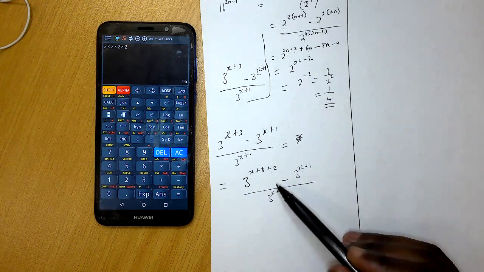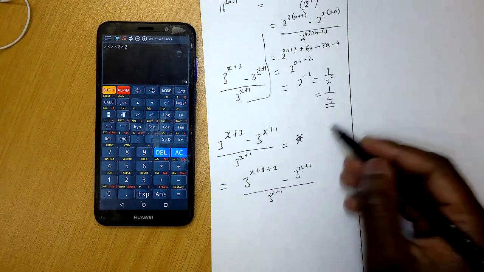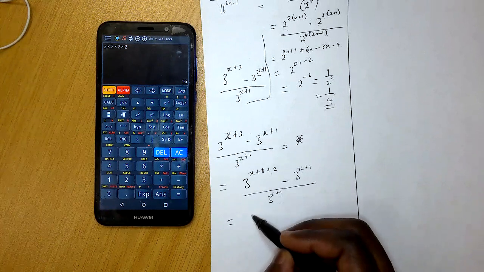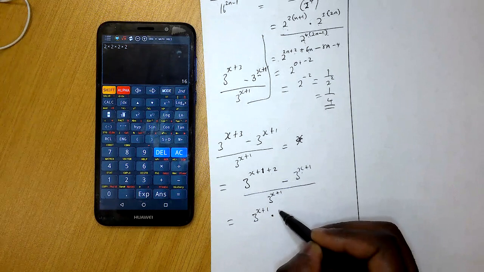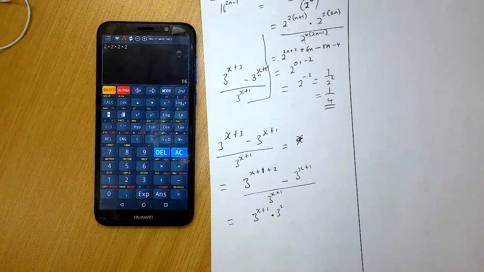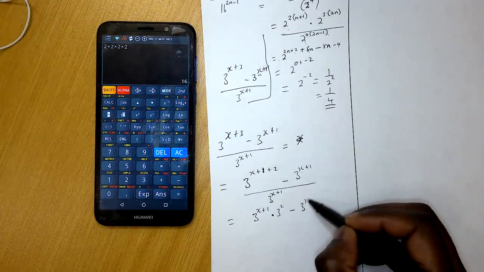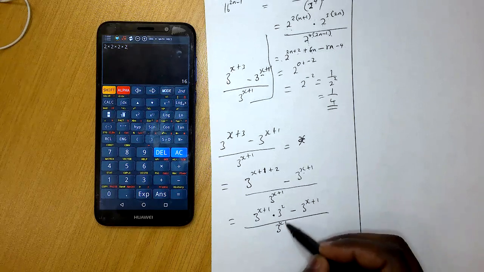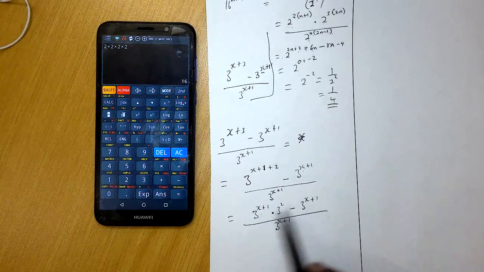What it means is that from our first term, that's 3 to the power of x plus 1, times 3 squared. That's what it means. Minus 3 to the power of x plus 1, over 3 to the power of x plus 1. Now, as you can see, 3 to the power of x plus 1 is common.